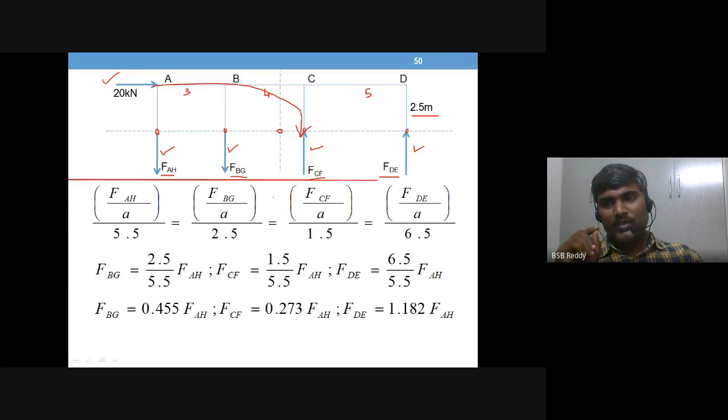After completing the CG calculation, what you need to do is pass a section in the middle of the top story. Take the part which is separated, above that section. That part you draw as it is.